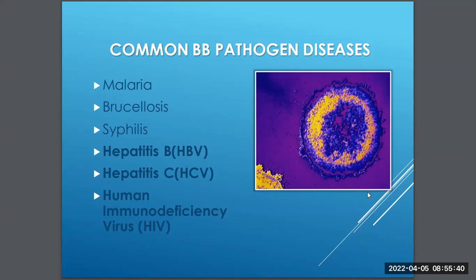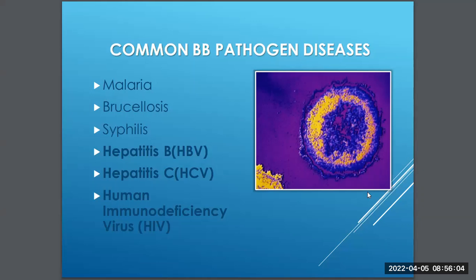Brucellosis is a bacterial disease that can cause a rising and falling fever in humans. Syphilis is a chronic bacterial disease contracted by infection during sexual intercourse. Hepatitis B is a disease spread by exposure to infected body fluids.